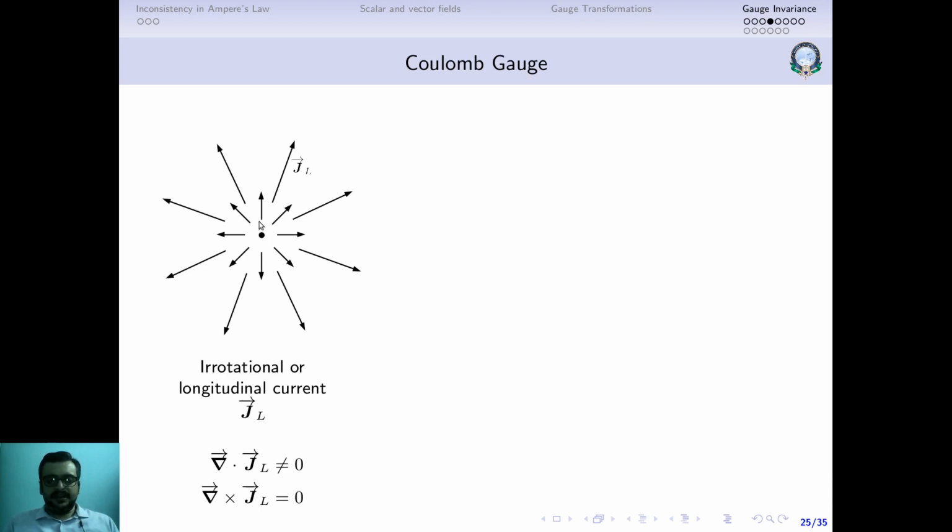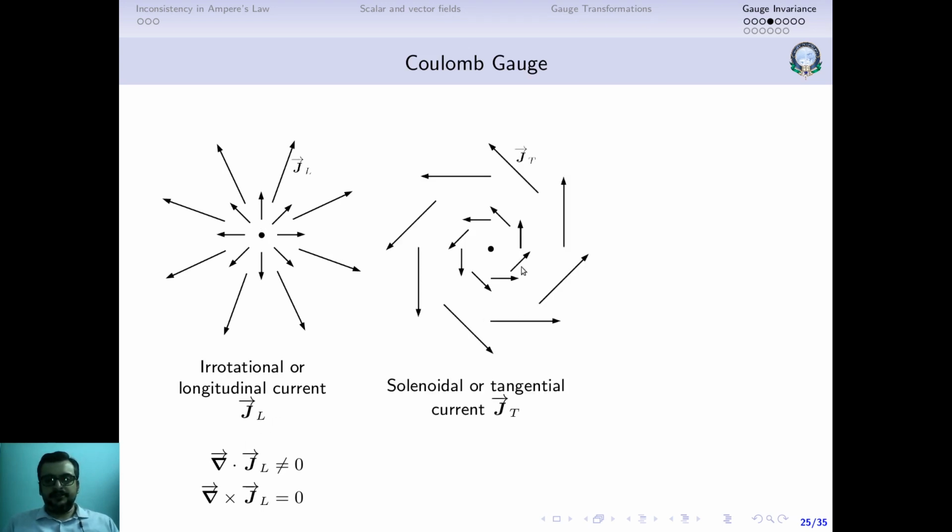Now what about the other type? The other type of current is what is known as a solenoidal current. It comes from solenoids, where the wire loops around an axis. If the current loops around an axis which passes through our reference point, then that field is a solenoidal field, and if it's a current, we call it a solenoidal current.